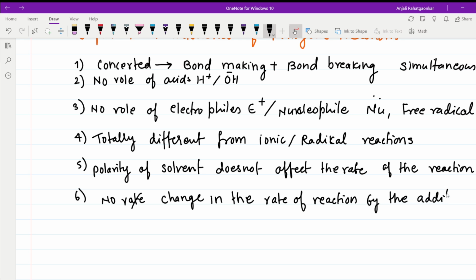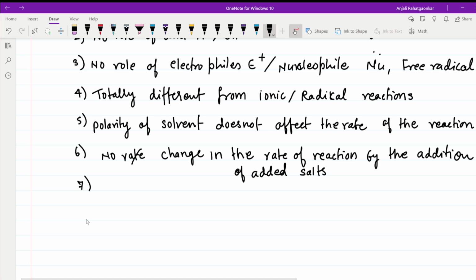Sometimes we need to add some salts to accelerate the rate of reaction. In some organic reactions it is required, but here there is no need to add any added salts. So please remember that even added salts are not required to initiate the reaction or to accelerate the rate of reaction.